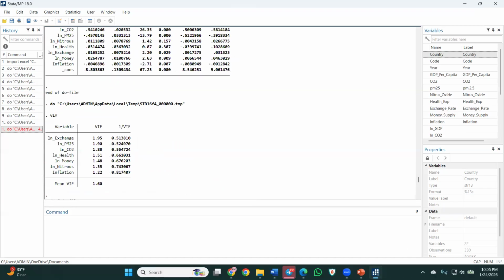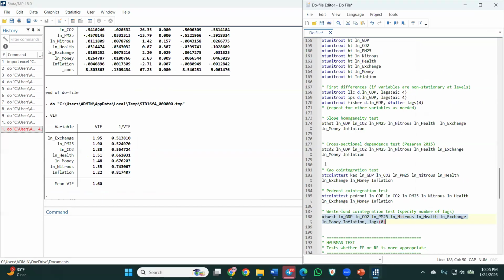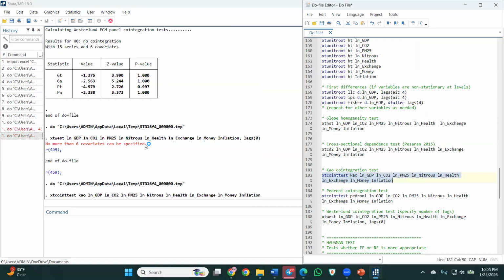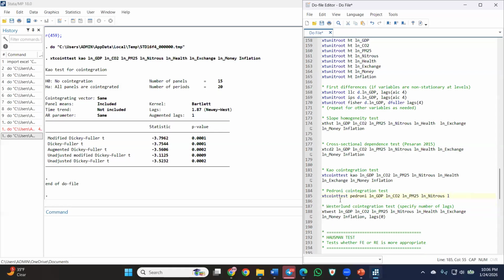The same thing applies to the Kao test and the Pedroni too. It all follows the same process. So it's not like you have to run and run and run it again.